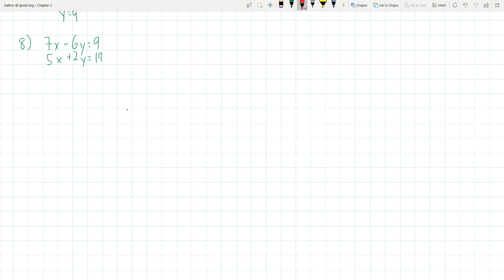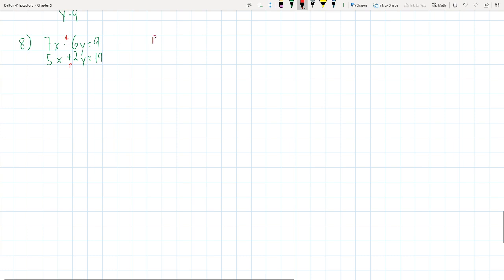Again, in this case, I'm going to choose the y's. The reason I'm choosing the y's is because it has this negative and this positive already. Those are already built in. And so that gives me something that I can work with. I can say, hey, yeah, this might work out and I'm not going to have to do much.